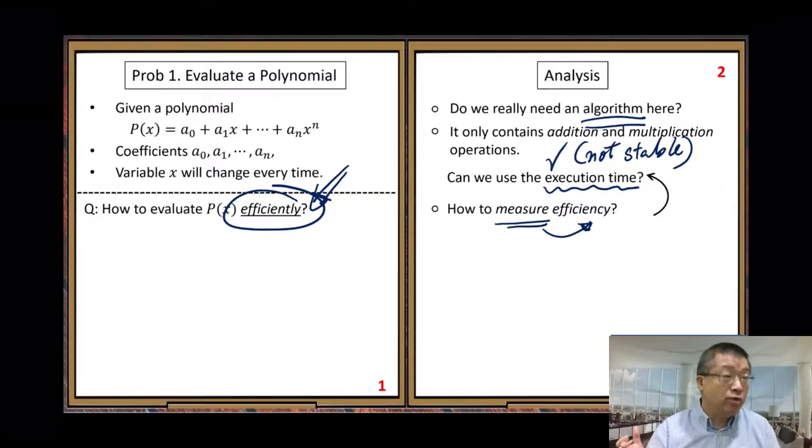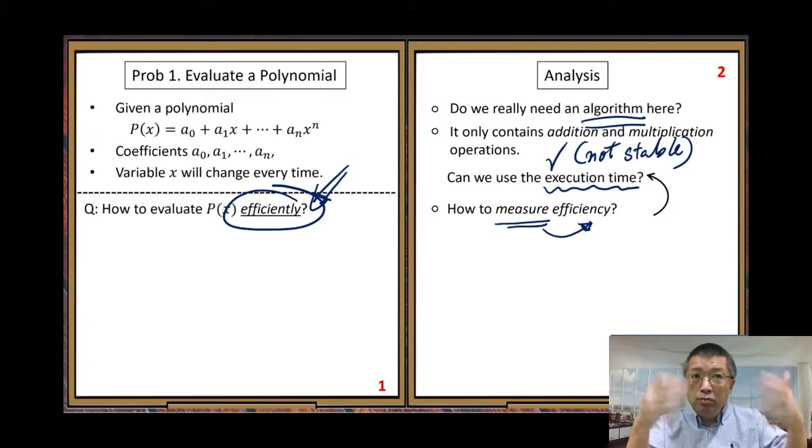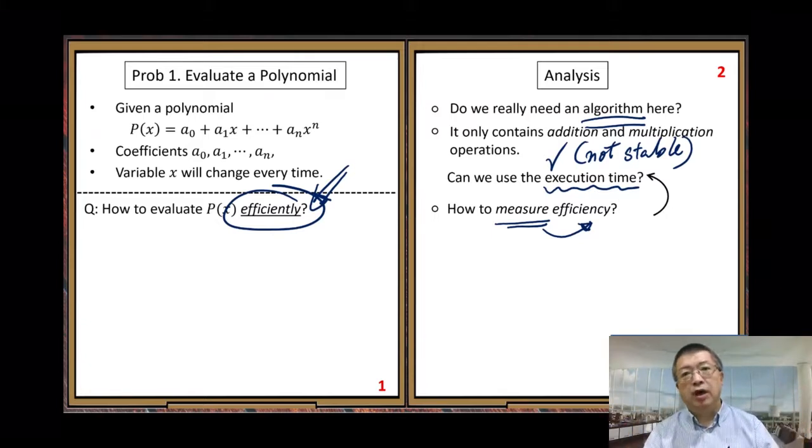The programmer's programming skill also can make some change. So if you put in that kind of factors, then the execution time you measure could be different. So for that reason, our first consideration, execution time, may not be a good measure. We would like to consider a more stable measure here.